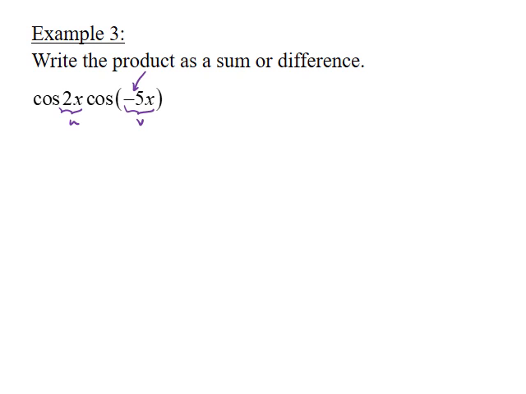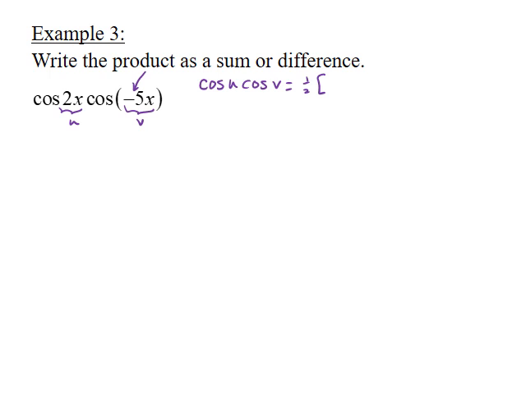Either way is totally fine. I'm just going to proceed and leave this as is. So I'm going to use cosine of u, cosine of v, which is the following formula.